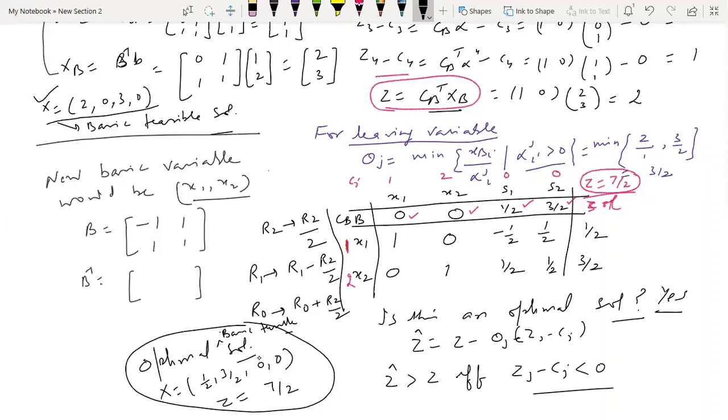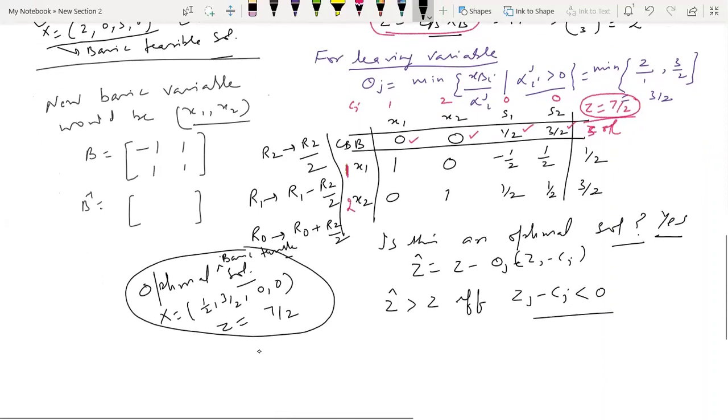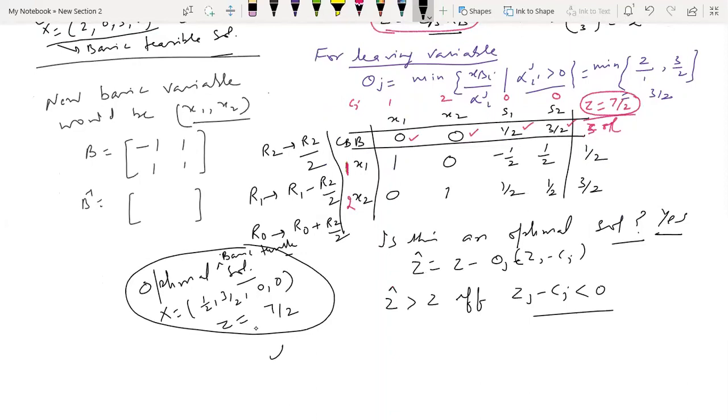So we keep constructing until the condition is satisfied that Zj minus Cj's are greater than or equal to 0 for all non-basic variables, or in fact for all j, because for basic variables we will always get the value 0. So this will be homework also: why for basic variables I am getting this value 0.